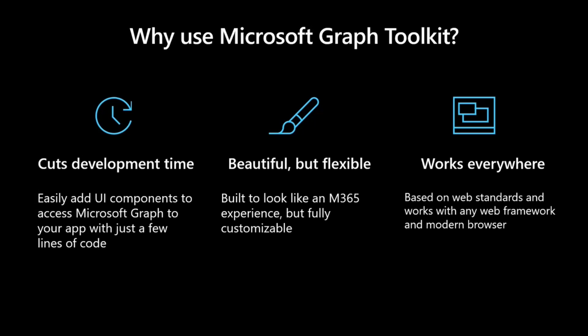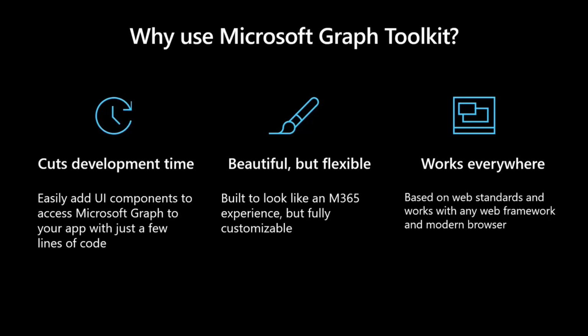But sometimes, like any app, I want to customize just a little bit, or I want to fully customize the entire experience. So what does it mean? Well, it means that you can have the basic M365 experience as part of the toolkit, but also add your own CSS and your own templating on top of what we provide.